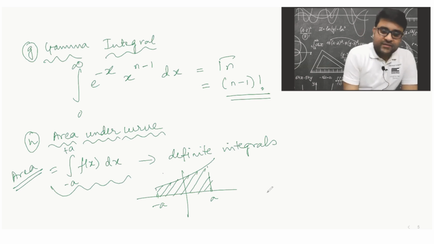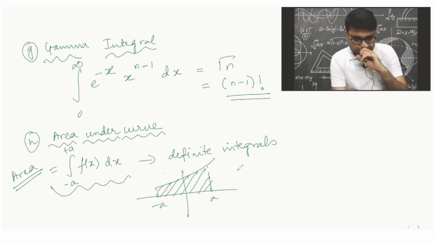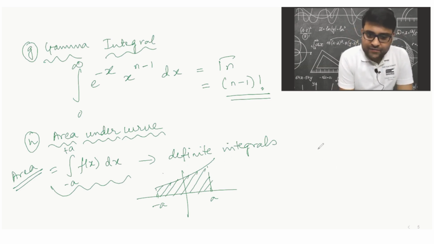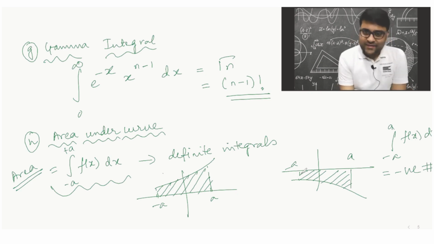Also, please remember, if they tell you to find the area under the curve, this will give me a positive value. But if you have a curve between minus a and plus a that is below the x-axis, you will notice that the integral of f(x) dx will come out to be a negative number, because below the x-axis it gives a negative number.